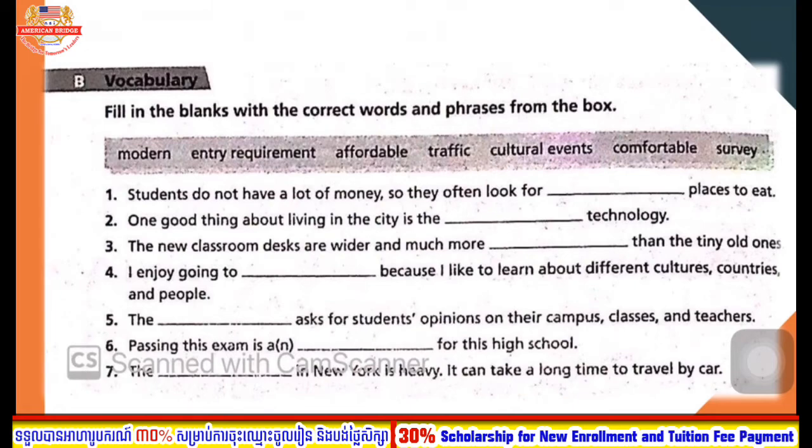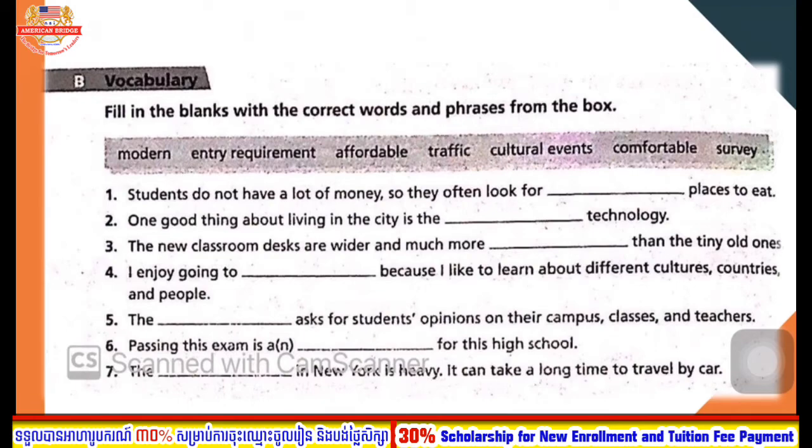Okay, so again, the word affordable means not too expensive. Okay, so let's go to number 2. One good thing about living in the city is the blank technology. Should be the easy. Alright, so we talk about the good things about living in a city. The city is different from the countryside, from the province.